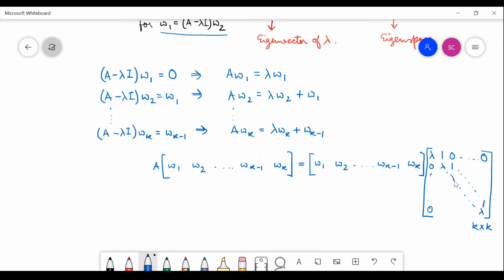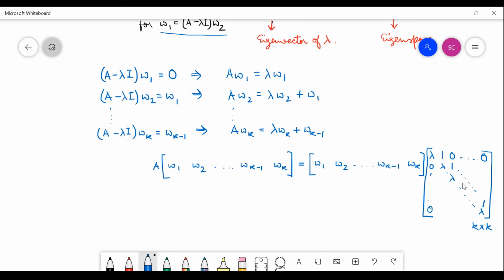Third column, here there is a lambda, so the third column is omega 2 plus lambda omega 3, and that is A omega 3. In this way you can continue, and in the last you will get omega k minus 1 plus lambda omega k, which is nothing but A omega k.